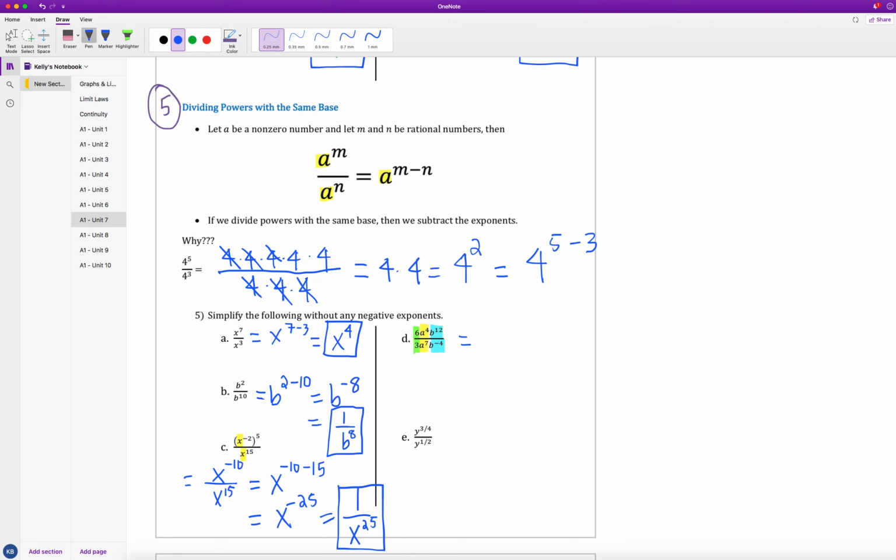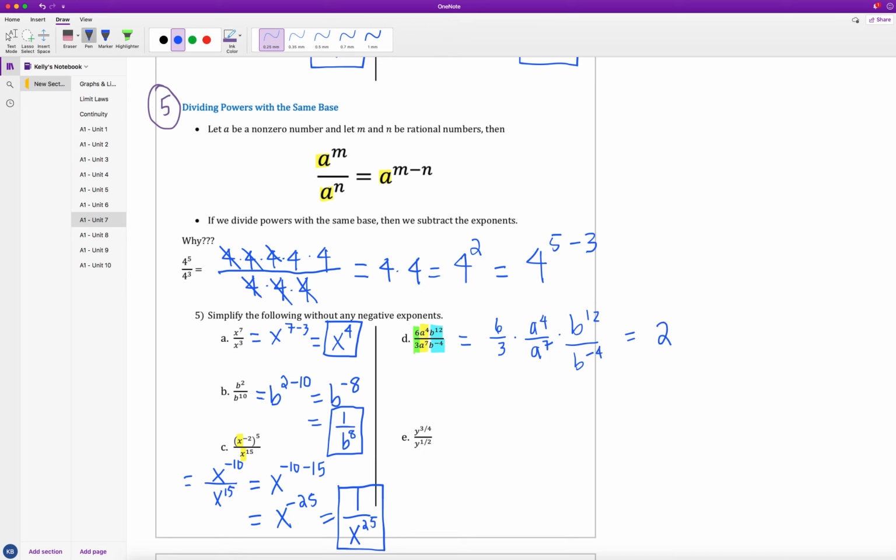Now when we go to combine these, I'm going to break this apart into each one of these pieces. So 6 divided by 3 we can simplify, times a to the 4th over a to the 7th, and then times b to the 12th over b to the negative 4th. Let's look at each one of these on their own. 6 divided by 3 we are able to reduce down and we get 2.